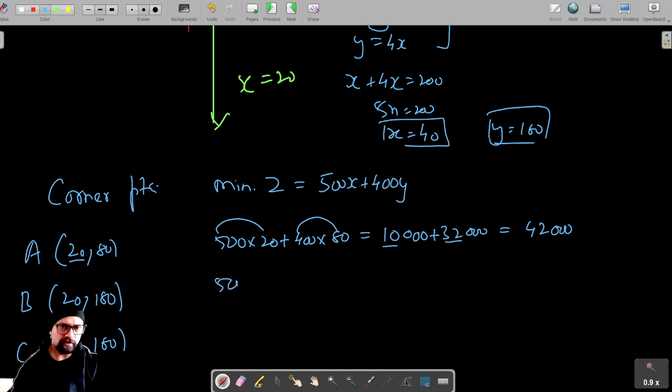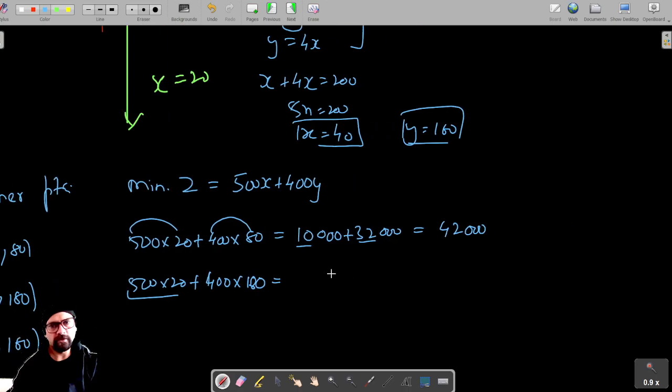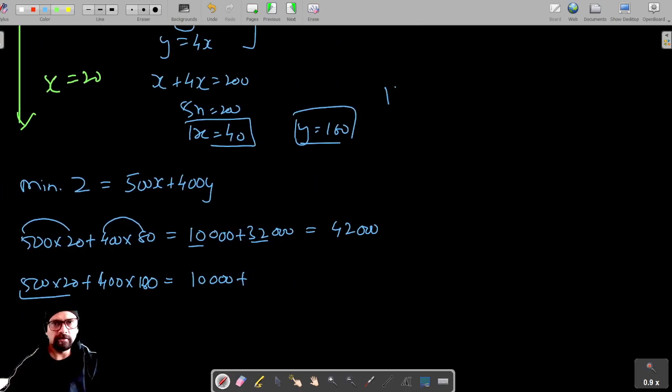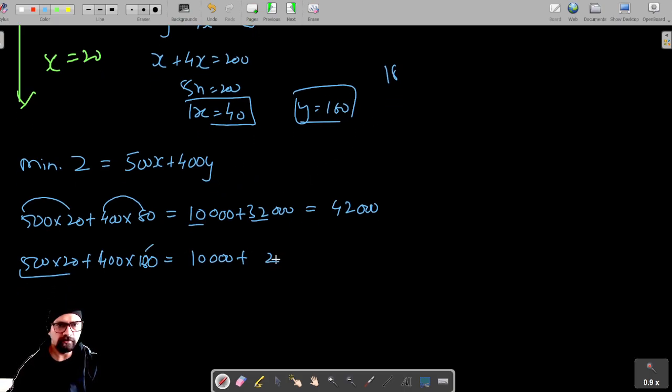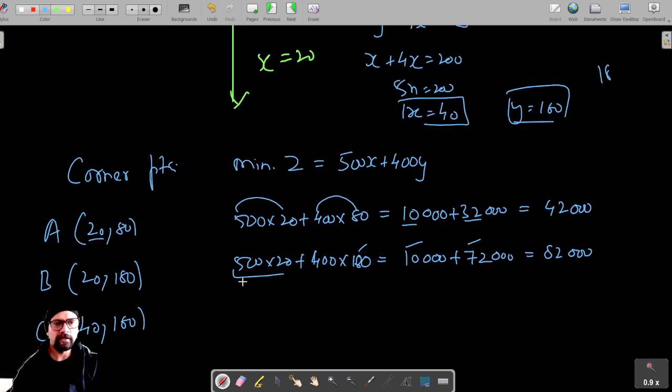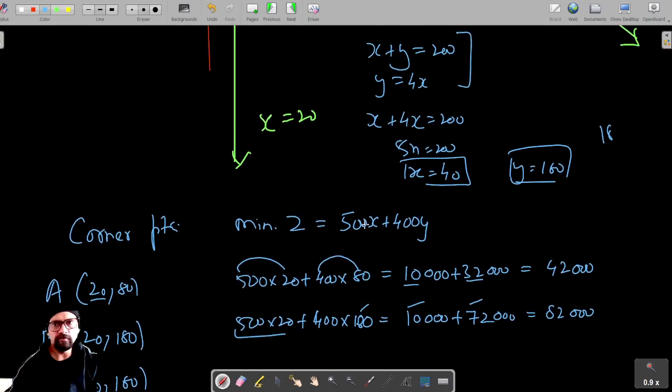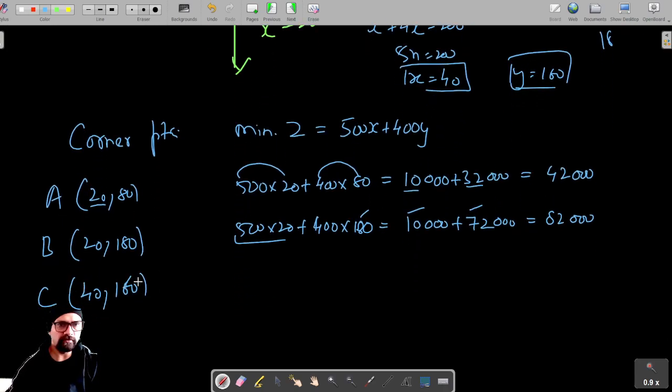Next is 500 into 20 plus 400 into 180. So 500 into 20 is 10,000 plus 400 into 180, which is 72,000, which gives us 72 plus 10 is 82,000. The next is 40 into 160.